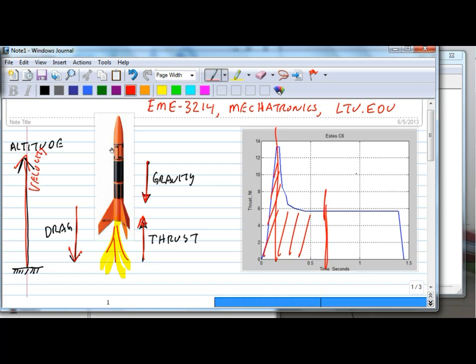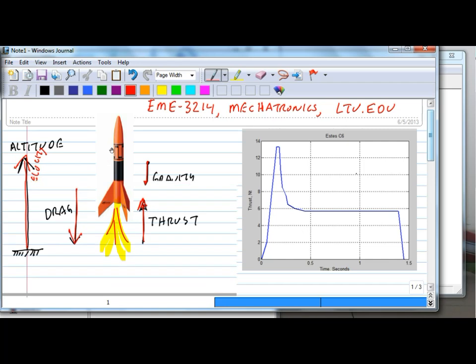So we're going to take this curve and integrate it to find the total impulse, the total area under there. Then, as we integrate as we go, by knowing the Newton seconds we've integrated at any point in time, divided by the total integrated Newton seconds, we'll assume that's the percent of the propellant burned.